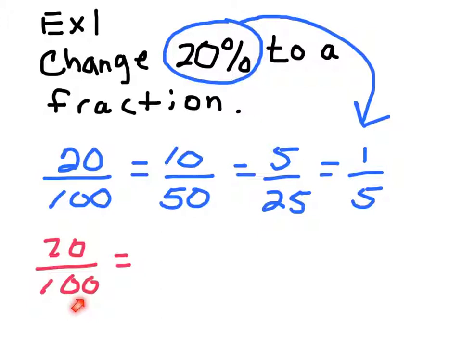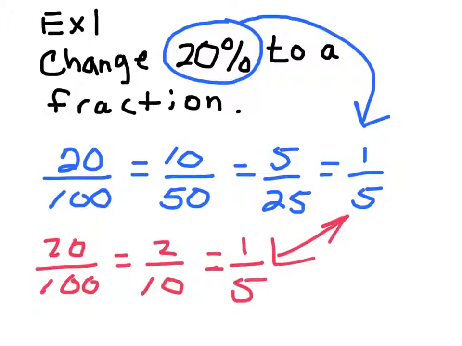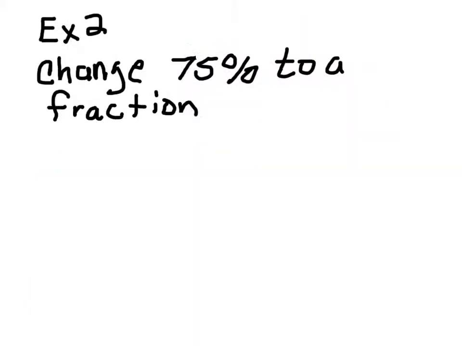So 20 divided by 10 is 2, and 100 divided by 10 is 10. Now they're both even. I can now divide both of them by 2. 2 divided by 2 is 1. 10 divided by 2 is 5. And notice that I get the same fraction or answer as before.